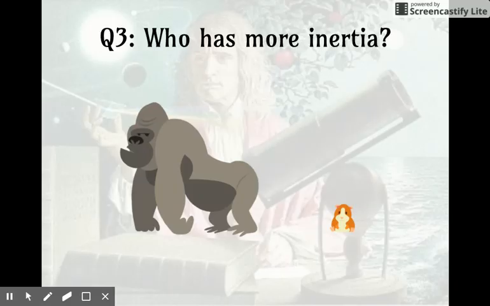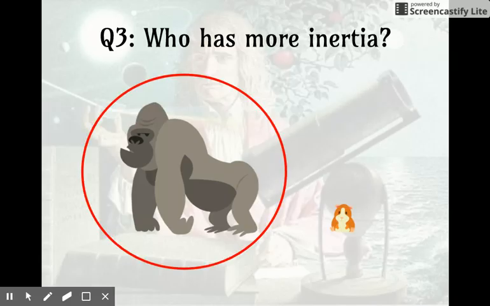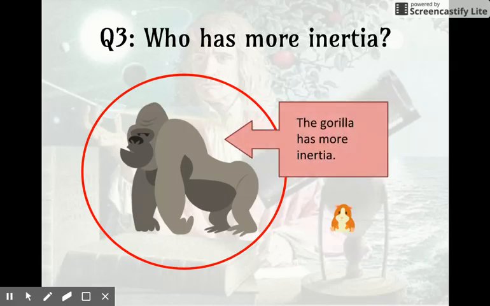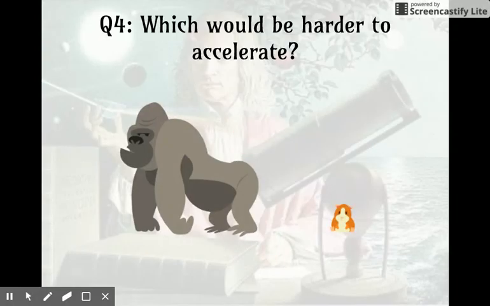So answer question 3, which has more inertia? And the answer is the gorilla. So gorilla has more mass and thus it has more inertia. So answer question 4, which will be harder to accelerate?